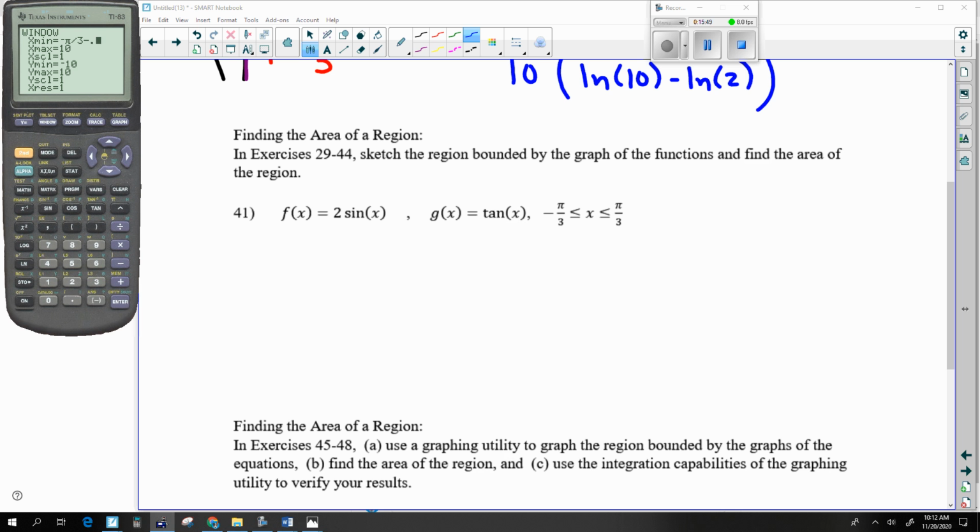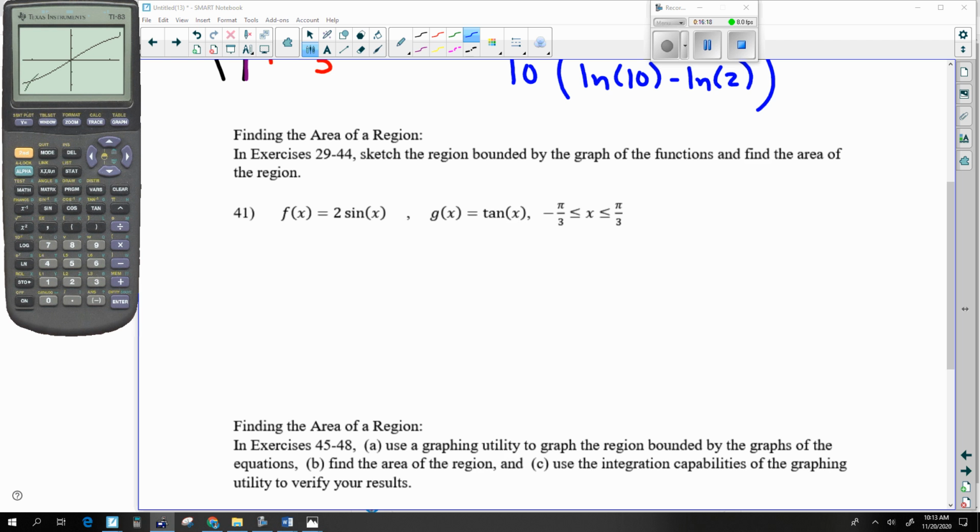I'm going to say minus 0.2 or something like that. And then the upper bound is pi over 3, and again, I'm going to give it a little bit of extra room. I'll say plus 0.2. I know sine's top is 1, the bottom is -1. However, with the 2, the top is 2, and the bottom is -2. So I'll go to -2.5 to +2.5, which should probably give us a decent picture.